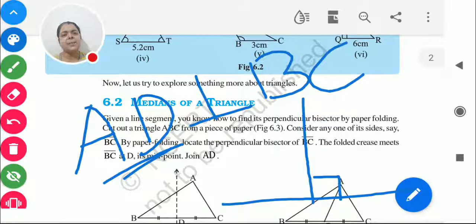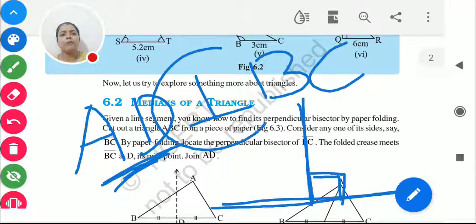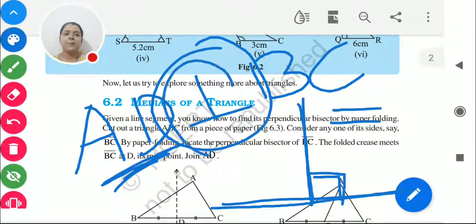This is the basic concept. Whenever you see this symbol, it is the symbol of 90 degrees, the symbol of a perpendicular line. When we talk about parallel lines, we mention it differently, but this is the perpendicular line.